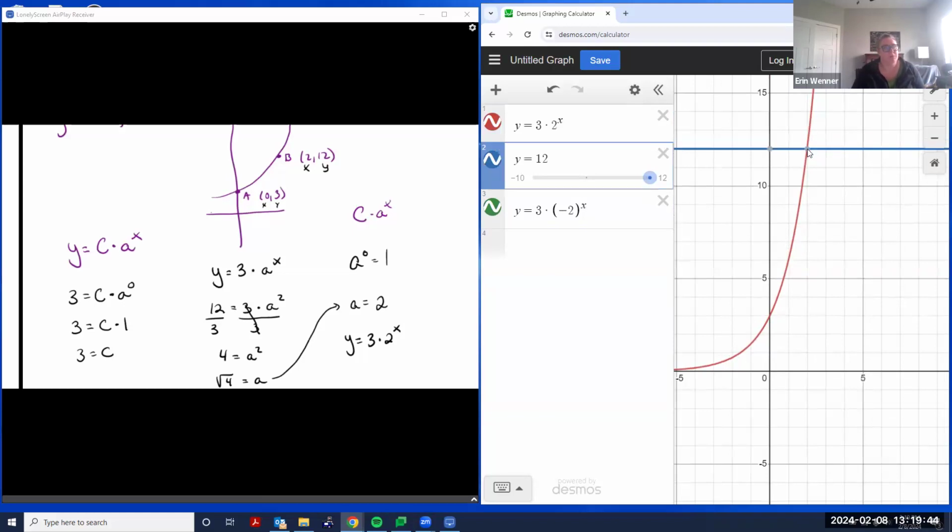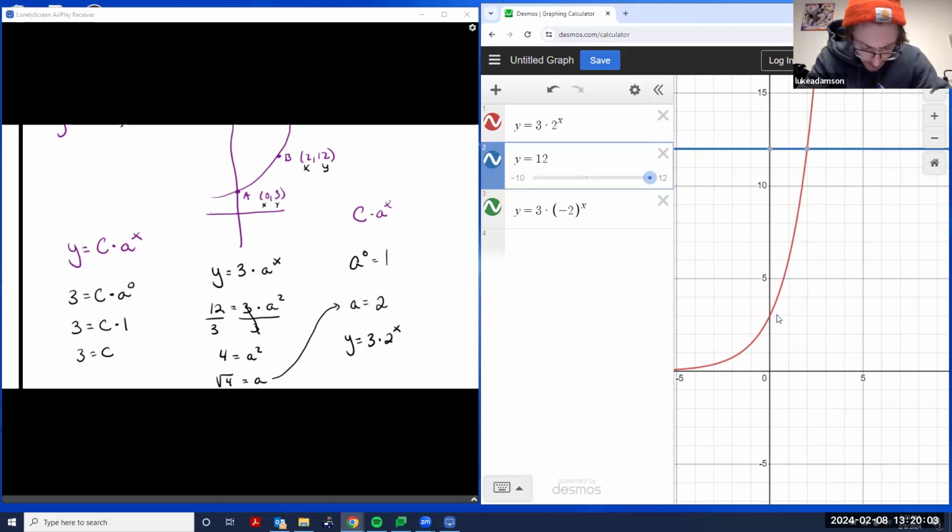Because what happens when we raise a negative number to an even exponent? What do we get? Positive number. And if we raise a negative number to an odd exponent? It's negative. Right.